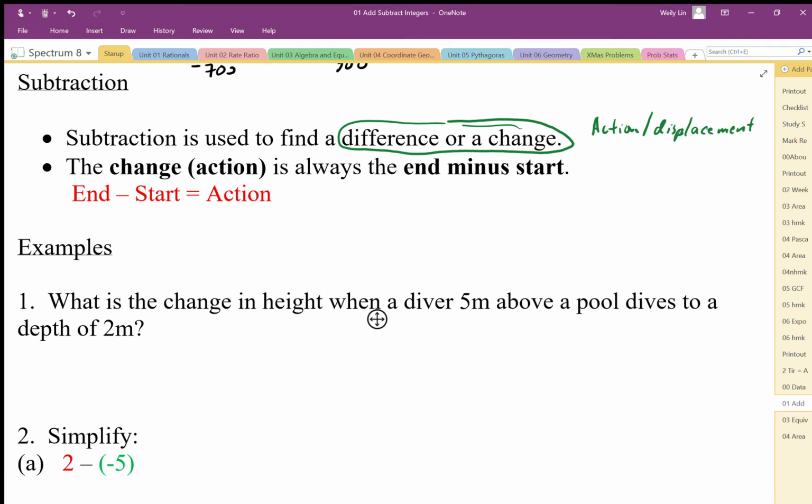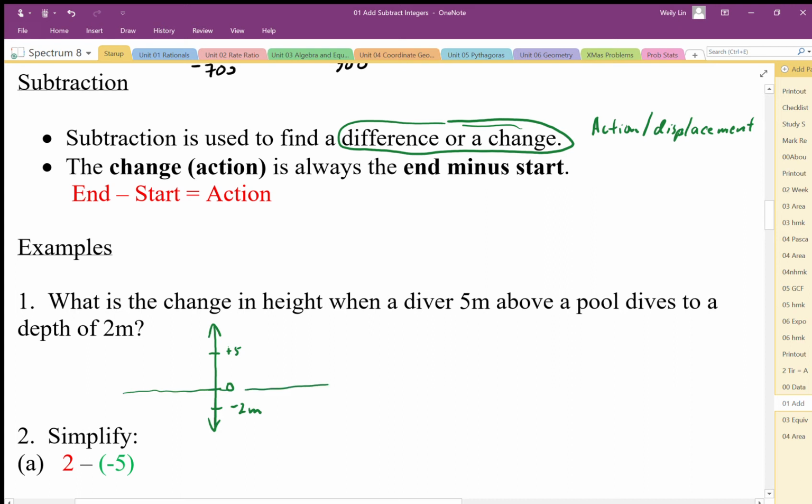So when we take a look here, it says, what's the change in height when a diver 5 meters above the pool dives into a pool at depth 2 meters? If I draw my number line here, here's +5, here's the water at 0, and here's -2. So here's my water line there.